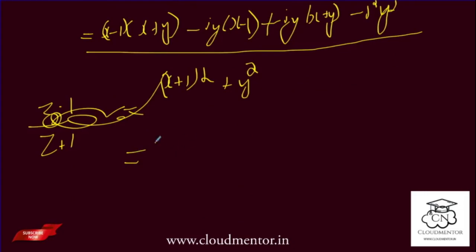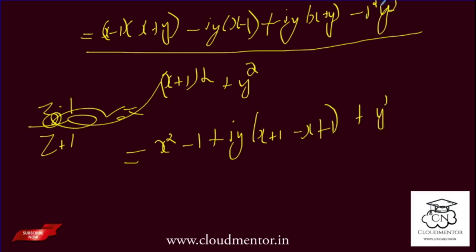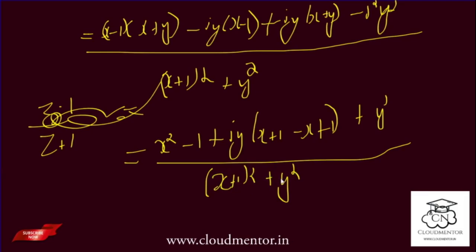That is x square minus 1, multiplying, we get x square minus 1, plus taking iy common, iy of x plus 1 minus x plus 1, and plus y square, because minus i square is minus 1. And divided by the same, that is x plus 1 the whole square plus y square. So that's it.